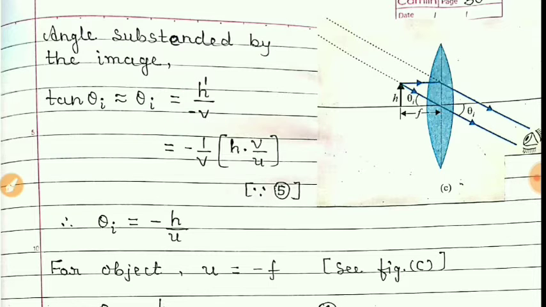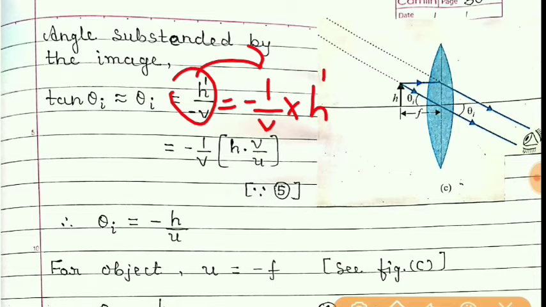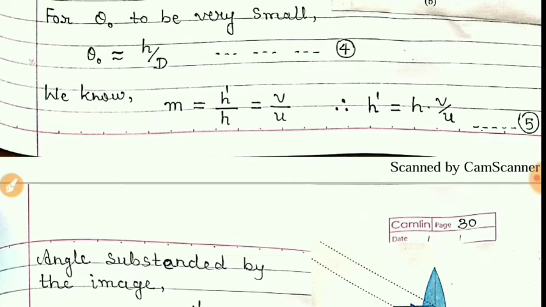Now this h dash upon minus v can be written as minus 1 upon v into h dash. Can we write this as this? So writing in this way, minus 1 upon v into h dash, and h dash from equation number 5 is h into v by u.